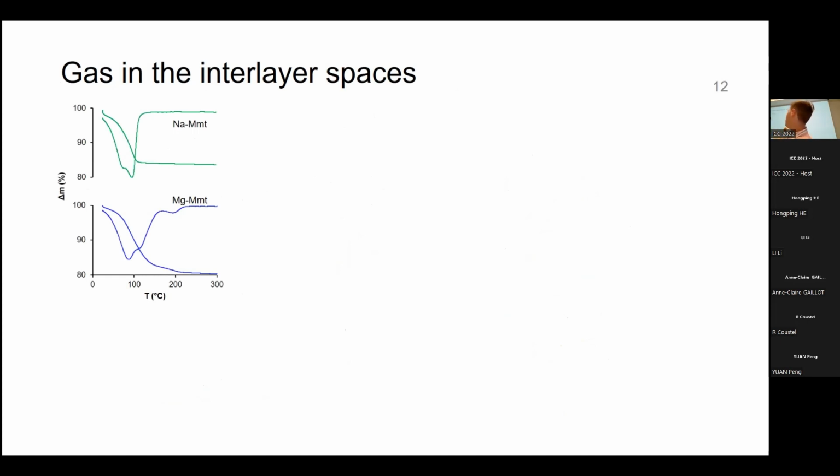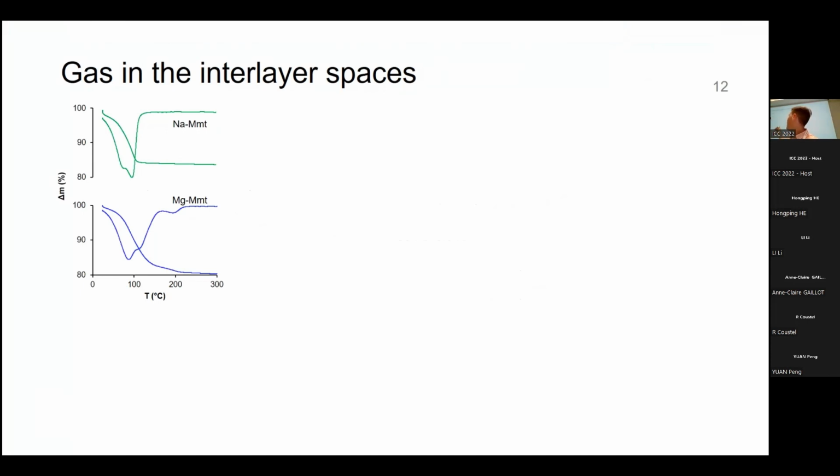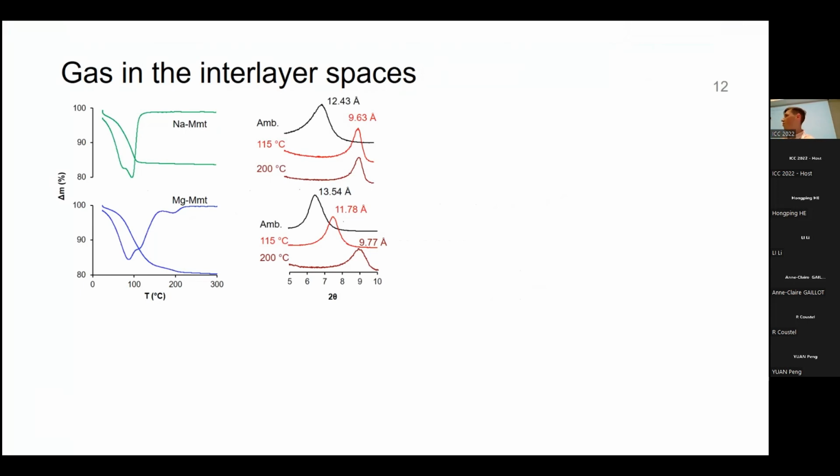If we dry these clays, for the sodium form, complete removal of water occurs at about 100 degrees. For magnesium, we need to heat at higher temperature because water is strongly bound to this cation, to completely dehydrate the sample. And actually, if we do X-ray diffraction on the first peak, we see that starting from 115 for sodium, the structure is completely collapsed. But for magnesium, we really need to reach a very high temperature to attain the same interlayer space as for completely dry smectite.